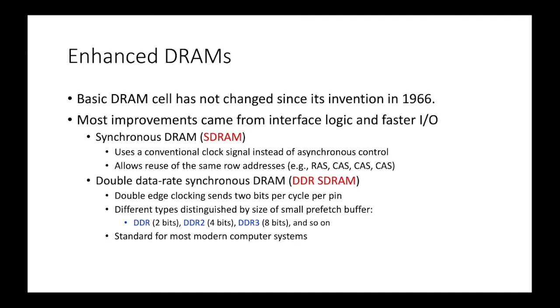Let's talk a little bit more about DRAM. So basic DRAM cell has not changed since its invention. And most improvements came from interface logic and fast I/O. The first big improvement was synchronous DRAM, also known as SDRAM, which used a conventional clock signal instead of asynchronous control.